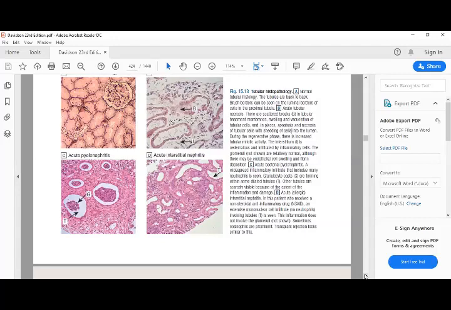Acute interstitial nephritis, allergic interstitial nephritis in this patient who received a non-steroidal anti-inflammatory drug: an extensive mononuclear cell infiltrate involving the tubules is seen.